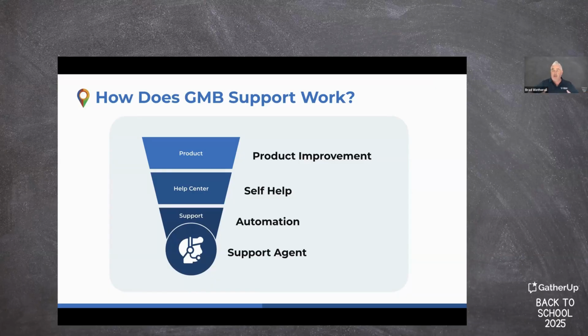Now, if I couldn't fix the product so that it just worked and no one had any issues ever, then the next step in the funnel was to help users help themselves. And so we managed the support help center. That is the site that you get when you go to support.google.com/business.